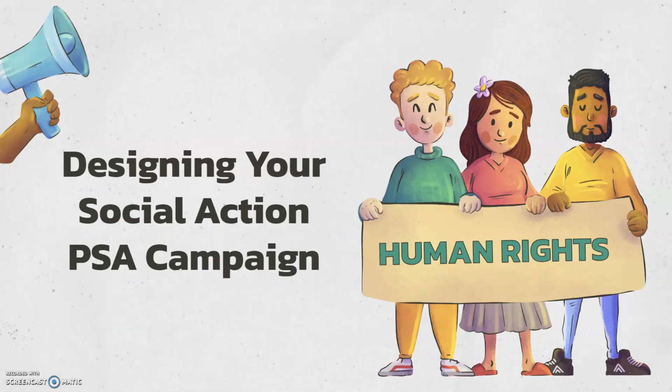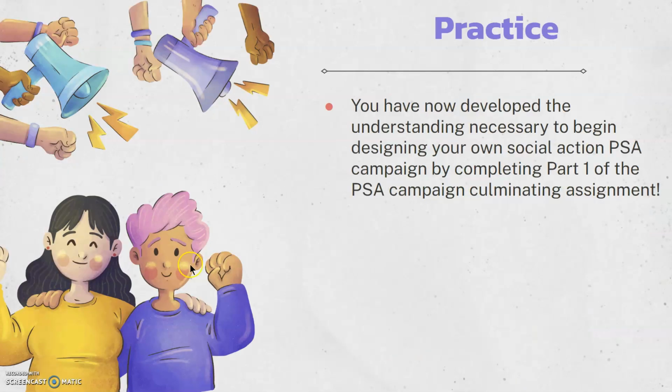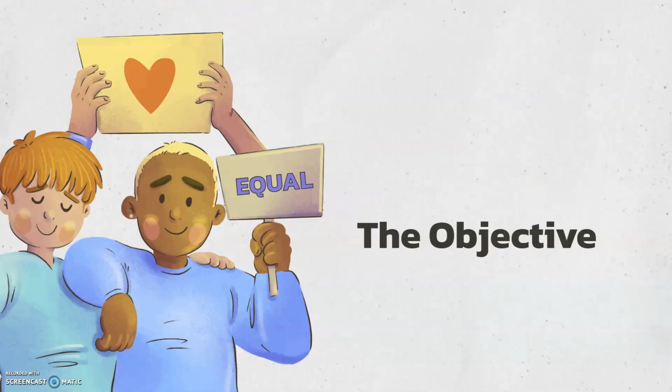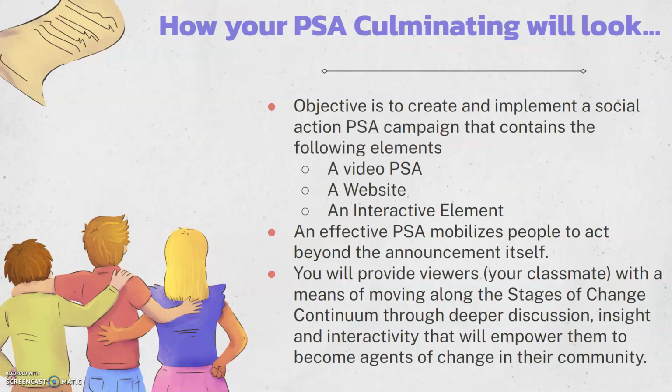So to design your social action PSA campaign, you should have now developed the understanding necessary to begin the design phase from completing part 1 of this culminating assignment. The objective here is to create and implement a social action PSA campaign that contains a video, a website, and an interactive element.